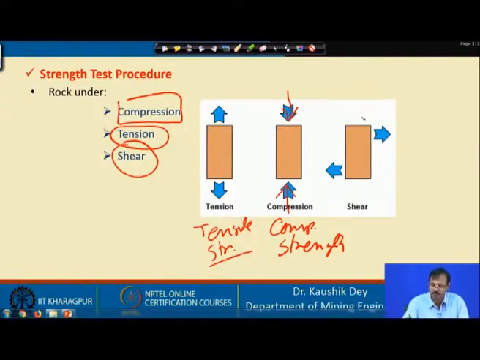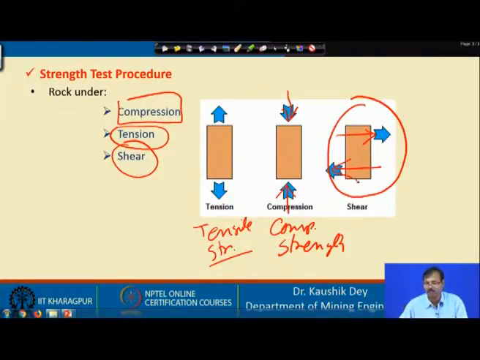We try to find out the shear strength of the rock, where the top part of the specimen is subjected to a load in this direction, the bottom part is subjected to a load in this direction, and we observe the shear along this plane of the material. So, this is the way we find the shear strength of the specimen.